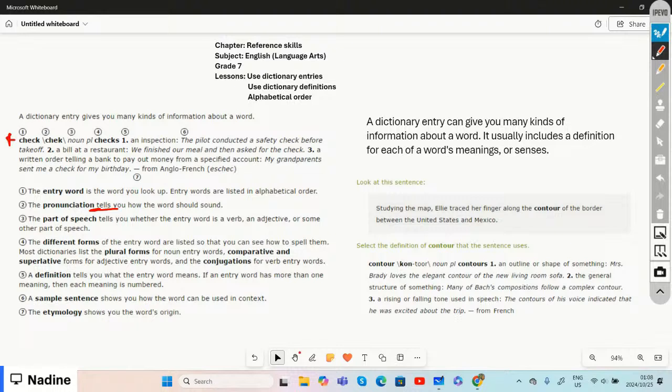The first thing that a dictionary does is give us the word, which is chick. The second thing they do is give us the pronunciation as to how you need to pronounce or say the word chick.